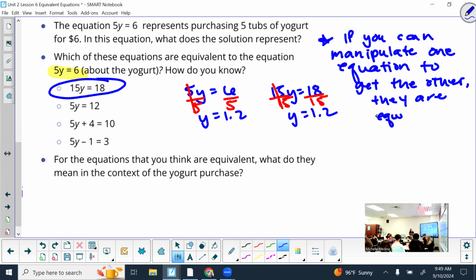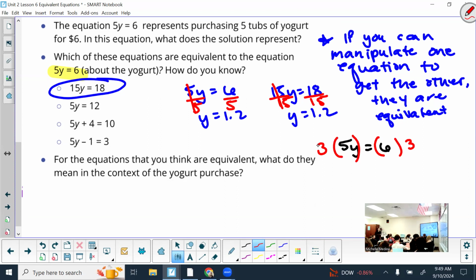So maybe you want to write somewhere in the margin: if you can manipulate one equation to get the other, because not all of them will necessarily be solvable like these ones, then they are equivalent. So when I was comparing these two, I thought, okay, what's one way I could go from 6 to get 18? Multiply by 3. If they do the same thing on the other side, they're still keeping it equal. Whatever you do on one side, you have to do to the other.